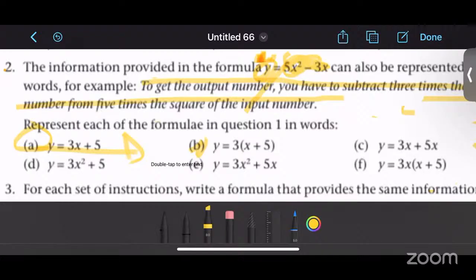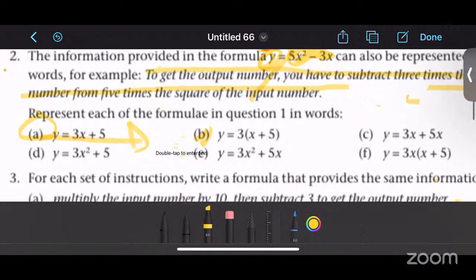And then Grace, let's do E. To get the output number, you have to apply addition to 3 times the input squared and 5 times the input.